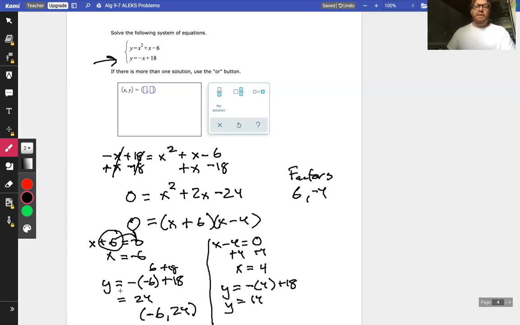All right. So we have the point. Here's my x, 4, and then here's my y right here, 14. So here's my 2 points. So negative 6, 24, and point 4, 14. That's where these two equations meet and where the solution is.